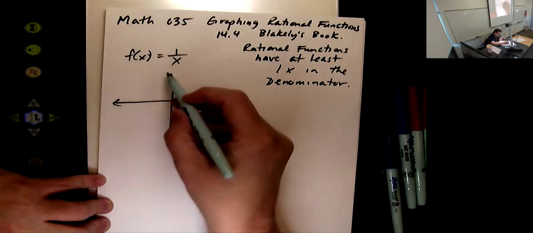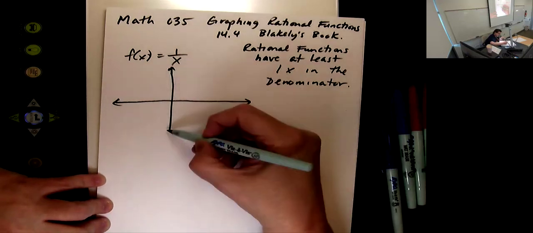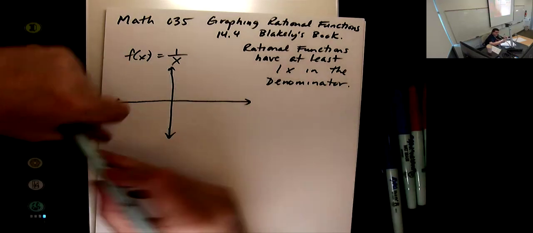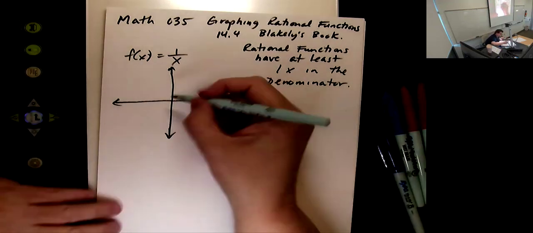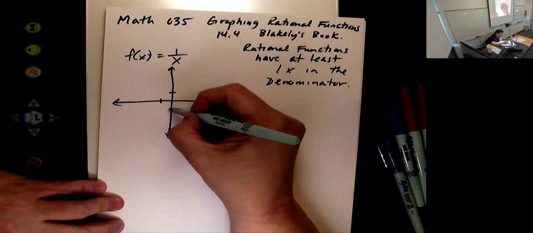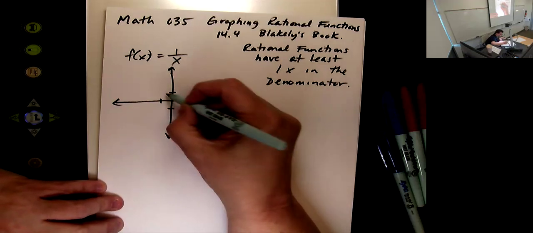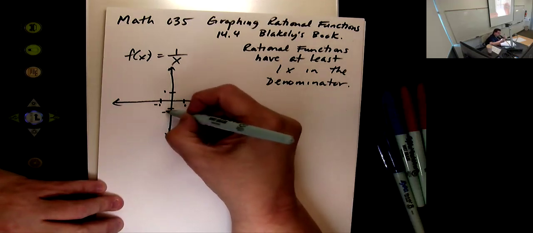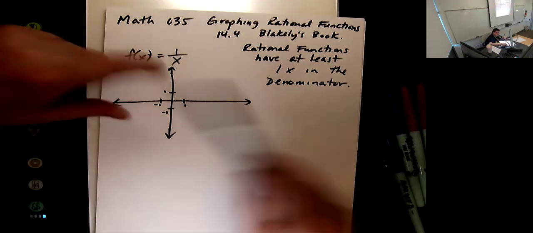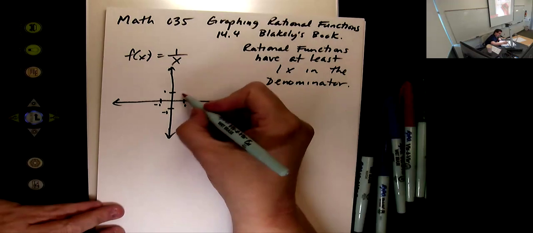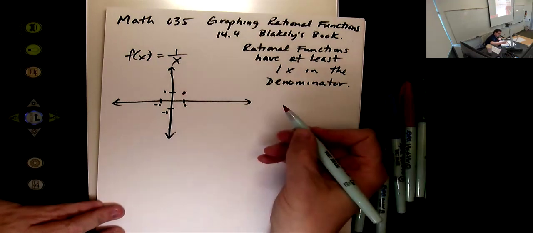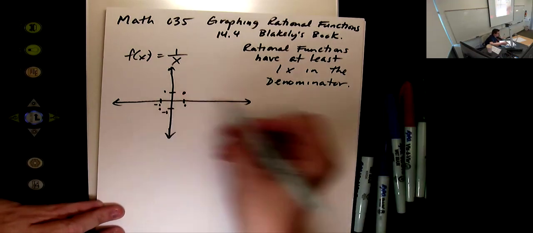And turns out when you graph these, I'll put the 1, 1, -1, -1 in here. If I put in 1, I get 1. If I put in -1, I get -1.